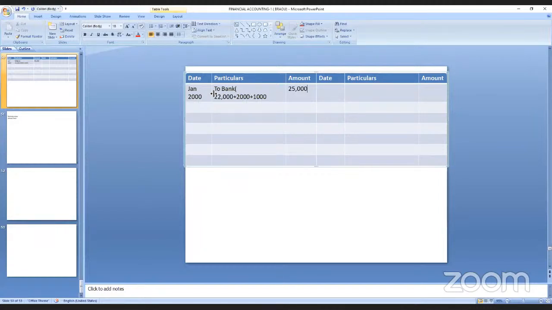So in the last problem, what did you do? How have you taken it in the straight line method? This is 25,000 divided by how many years?